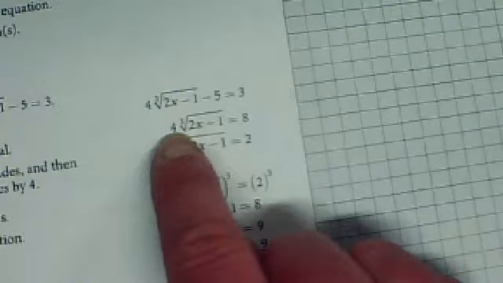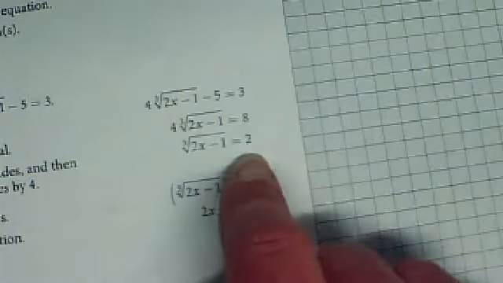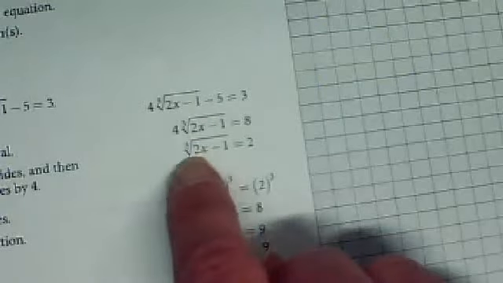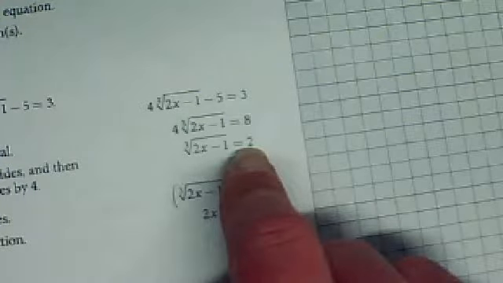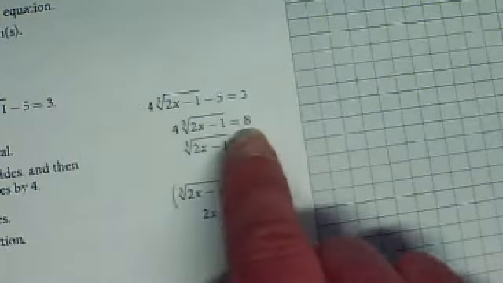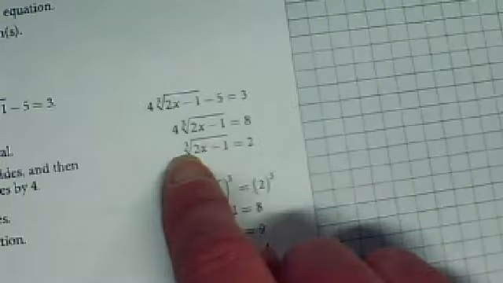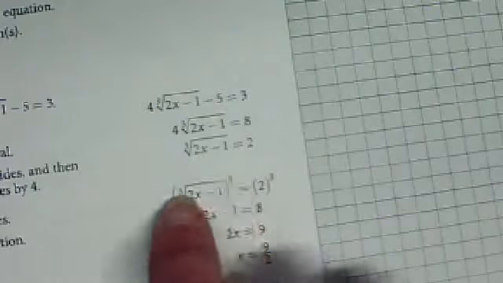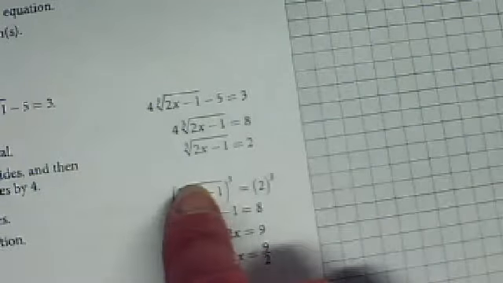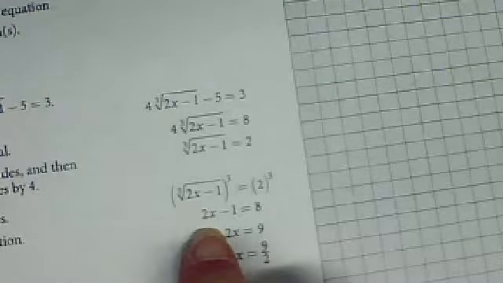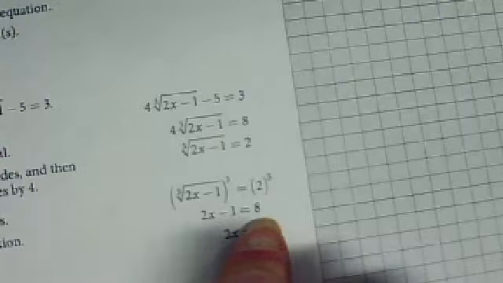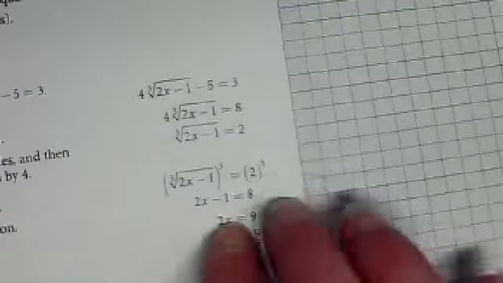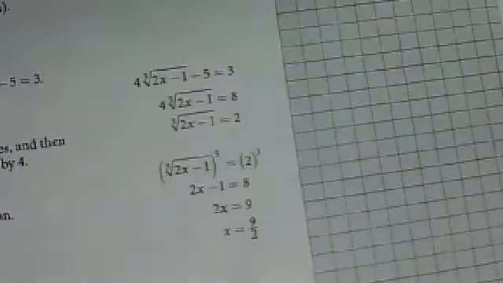Then we still need to get the 4 away, so we divide both sides by 4. Now it's the cube root of something equals a number. If it had been the square root, we would have squared, but since this is a cube root, we're going to cube. When you cube a cube root, they undo each other because they are inverse operations, and we're left with 2x minus 1. 2 cubed is just an 8. Then it's just solving a simple equation.